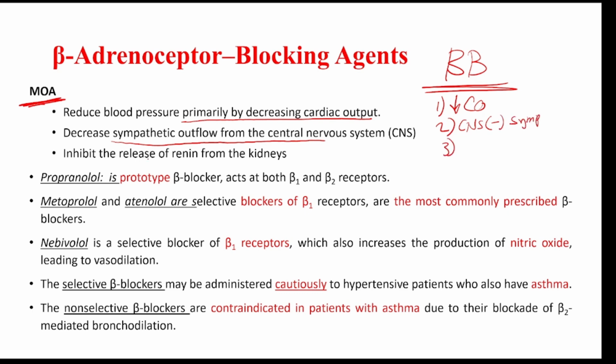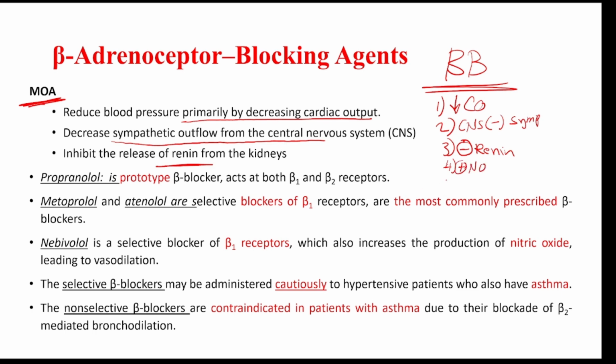Number three, this medication inhibits release of renin. So we have main effects: decrease cardiac output, inhibit the sympathetic system in the central nervous system, and inhibit renin release. We have other effects, for example, enhanced release of nitric oxide.